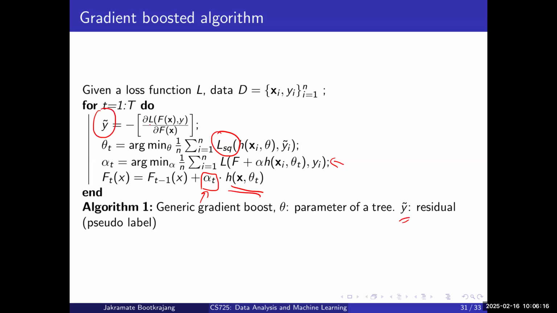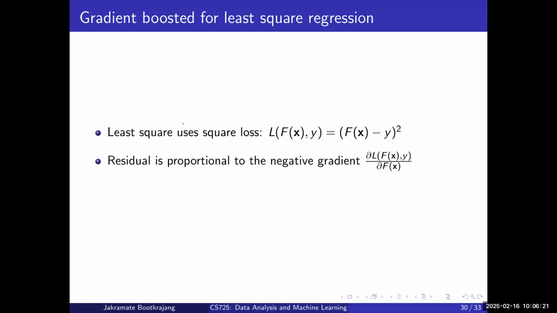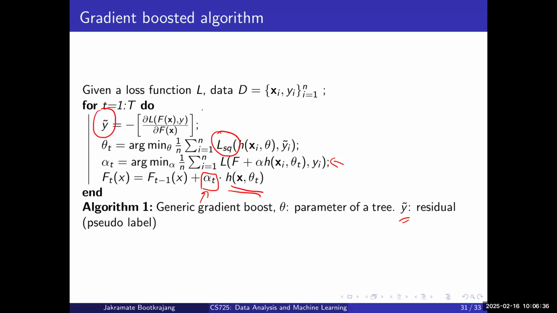If you use the least square, you take the partial derivative of this function with respect to f(x), right? So basically you will get like 2 times that value. And then you combine them based on the residue. So that is the gradient boost method for regression tree.